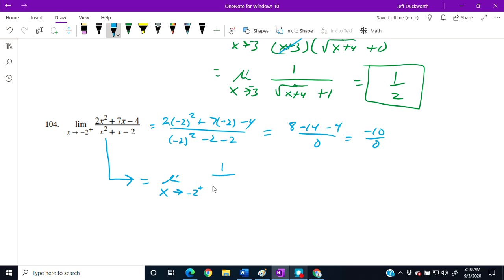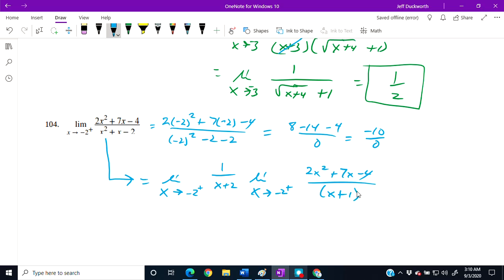That's the part we're having a problem with. So I'm going to factor that out, and I'm going to multiply that by the limit as x approaches -2 of 2x squared plus 7x minus 4 all over that x minus 1.